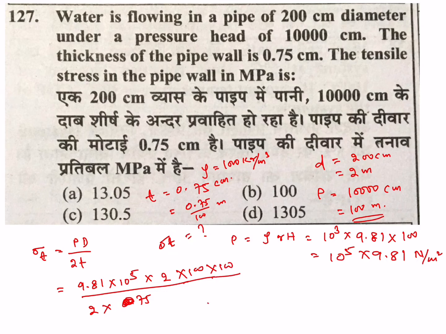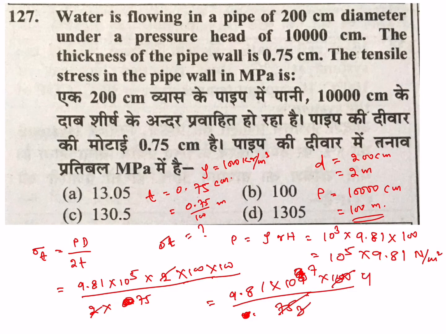So how much you will get? 2 cancel. 9.81 into 10 to the power 7 divided by 75 into 10 to the power 9... we will calculate 10 to the power 7 into 100, 25 into 3, 25 into 4, around 3 you will get.